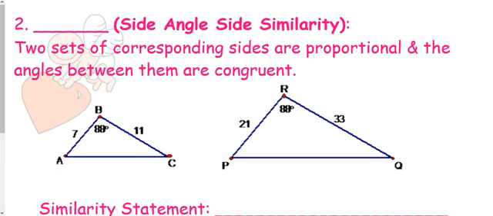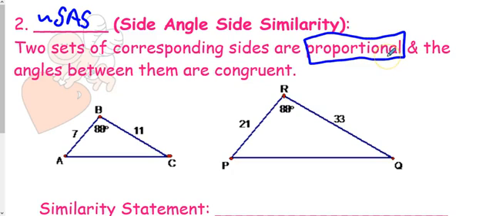The second one I want to talk about here is side, angle, side. We abbreviate that with SAS, kind of just like congruency, but with congruency we know that the sides are congruent. With similarity, corresponding sides are proportional, so they're going to have that same scale factor between them, and the angle in between will be congruent.